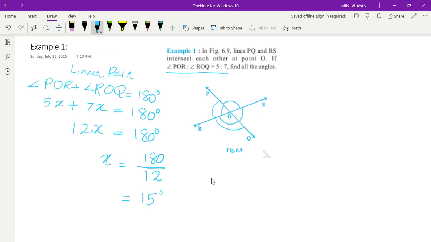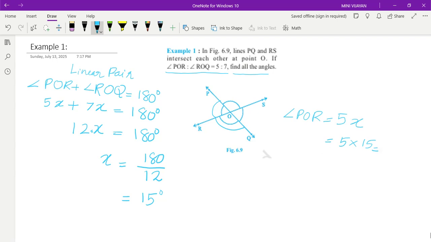So what is our question? The question is to find the angles. So we need to write the measure of each angle. How much is the measure of angle POR? We wrote it as 5x, and x we got as 15. So 5 times 15, which is 75.